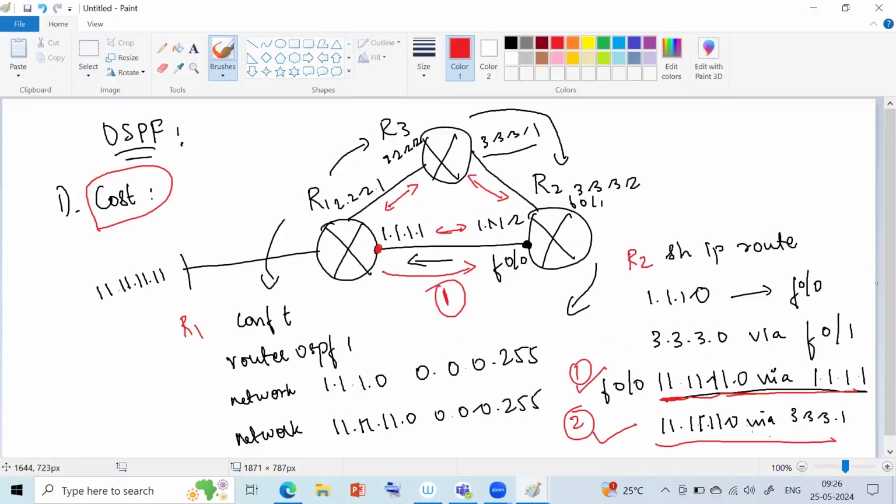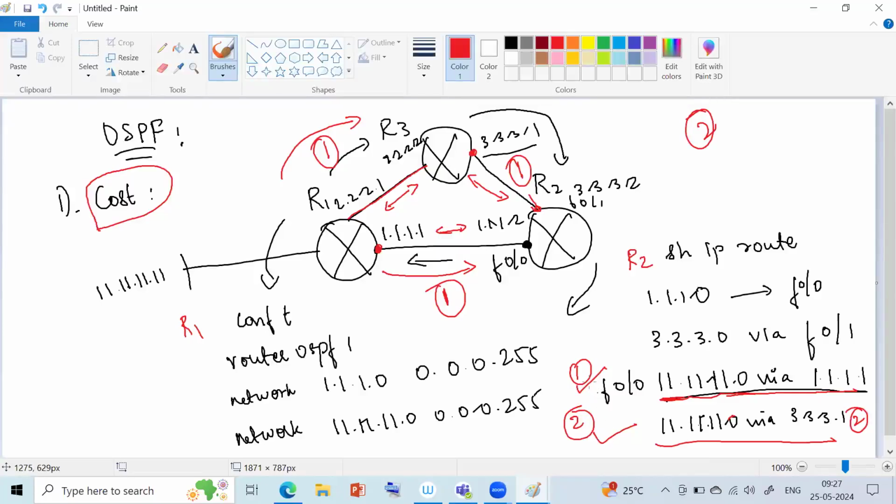But to reach via 3331, you calculate the cost. It has to go here, which is cost 1, because this is a Fast Ethernet link, and from here to here, cost is 1. So 1 plus 1 is 2, which is cost 2 here.